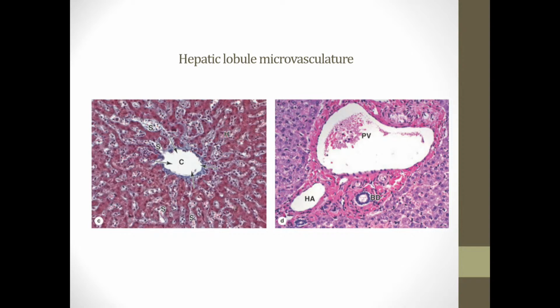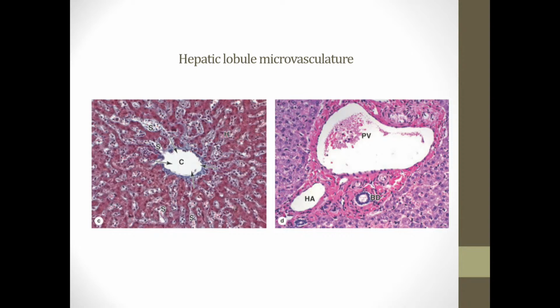Do you know how we can distinguish these? For example, is this the artery, or is this the duct? The vein is larger, yes? But artery and vein, the wall, they have the same thickness. How can we distinguish?